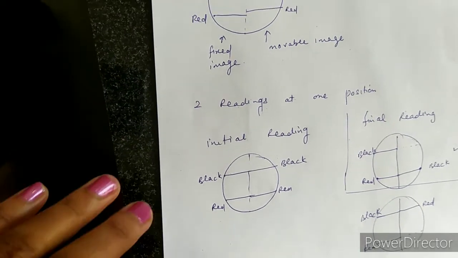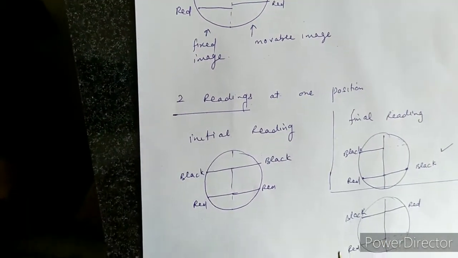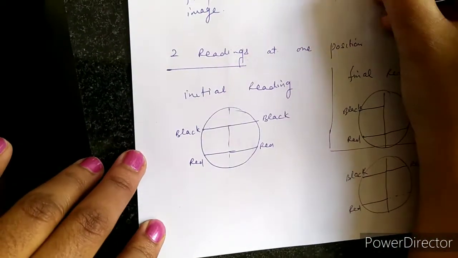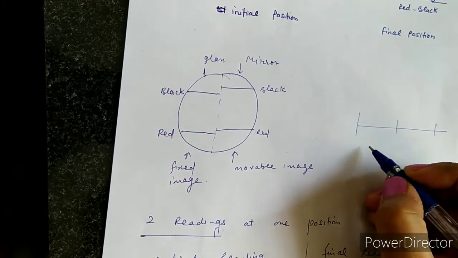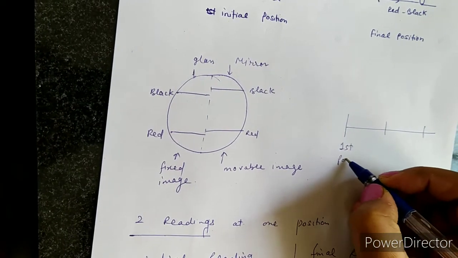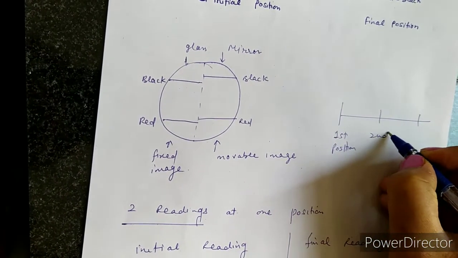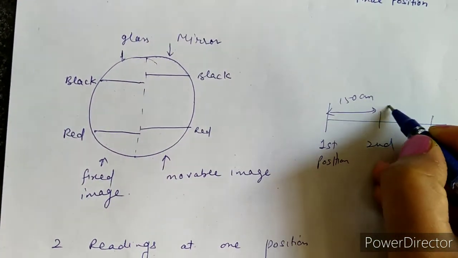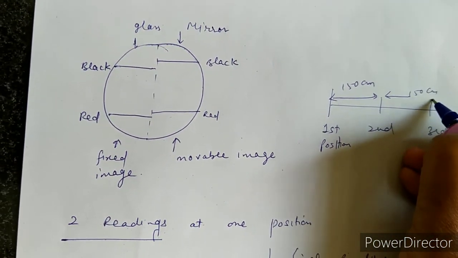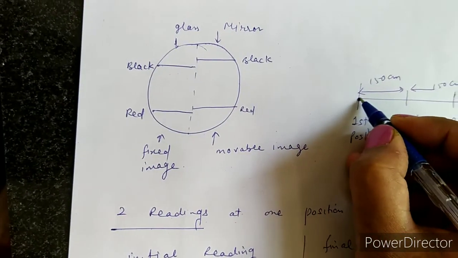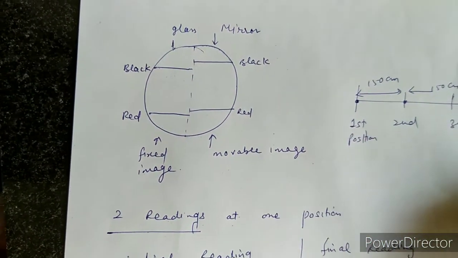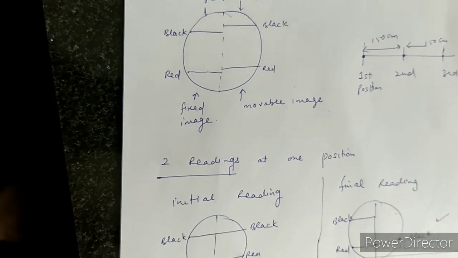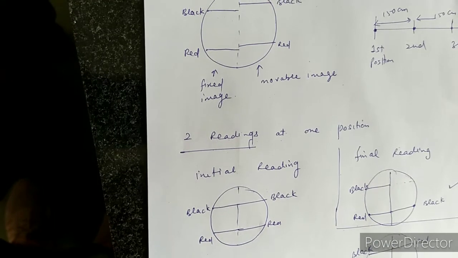Similarly, we will take two readings at the other two positions that were marked at 150. This is the first position, then the second and third, and the distance was, as already discussed, 150 centimeter. We will repeat at each position, and how to take the reading we have already discussed.